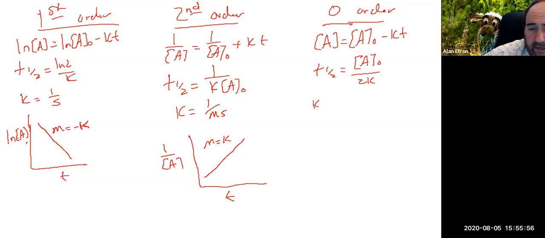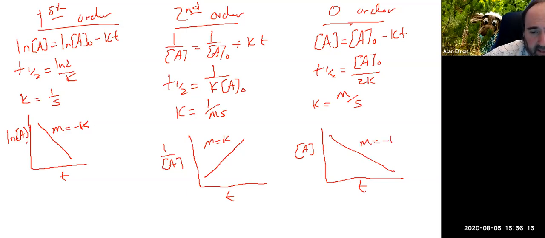The rate constant here, because when you take something to the zero order equals 1, will have the same units as the rate, which would be molarity over seconds. Also, rearranging that, concentration of A versus time is going to give us a straight line where the slope equals minus k.